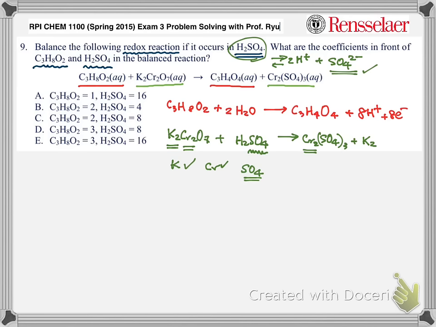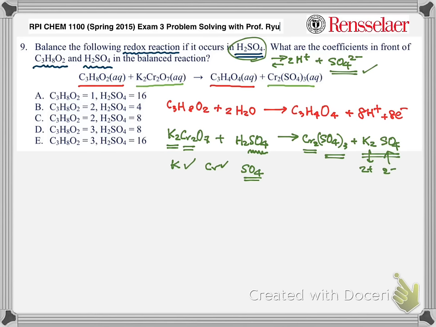Here I need 3 SO4, and potassium K2SO4 is the logical choice as a counter ion, because this one is a 2 plus. We need something as a counter ion that is 2 minus. SO4 2 minus is a 1.